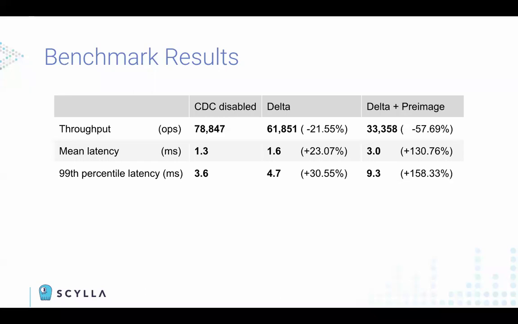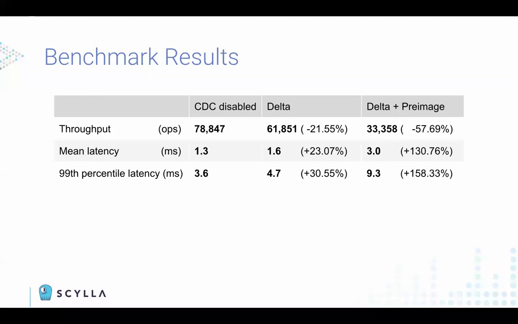We actually got some initial benchmarks done on AWS i3.4xlarge machines. And as you can see in the table, without the CDC, the throughput was around 78,000 operations per second.